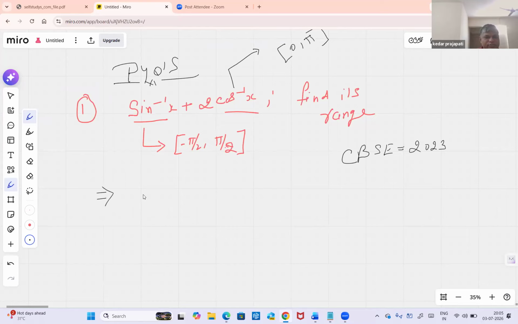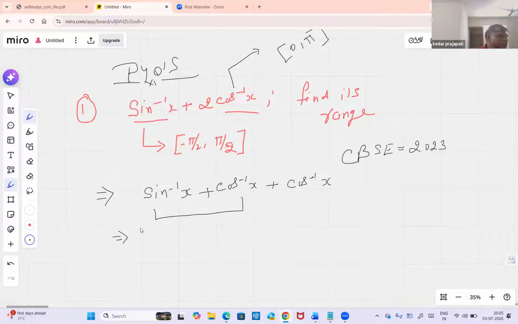Now tell me what we can do. We can further classify it as sine inverse x plus 2 cos inverse x. I can break it into cos inverse x plus cos inverse x. Now we'll combine these.